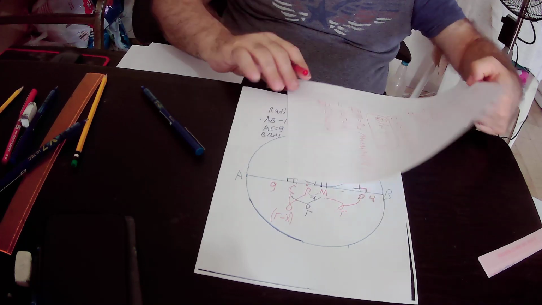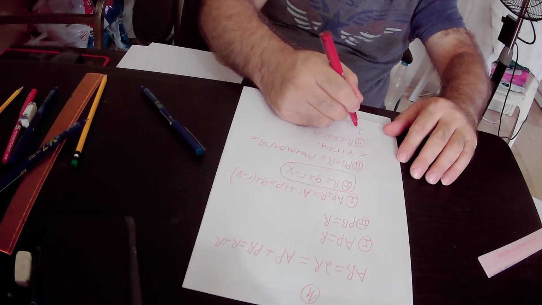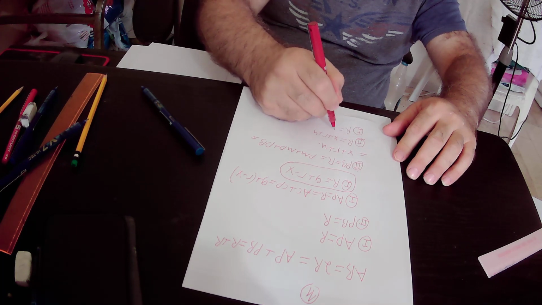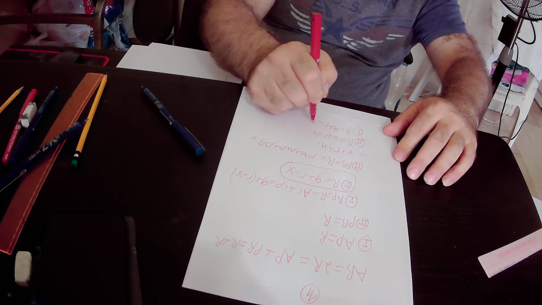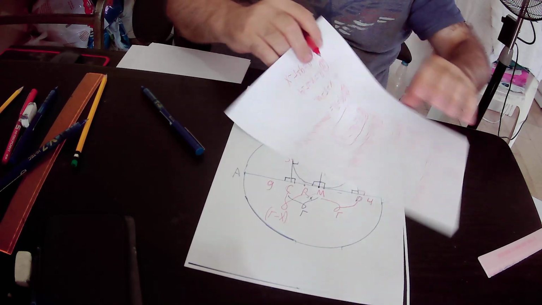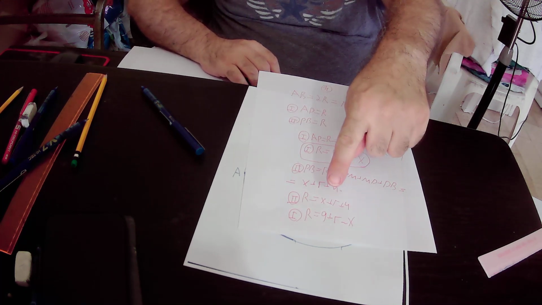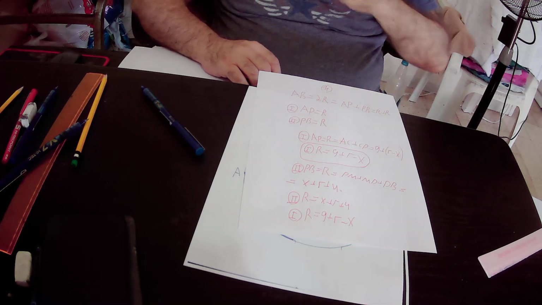But according to equation number 1, the radius of the big circle equals 9 plus small r minus x.